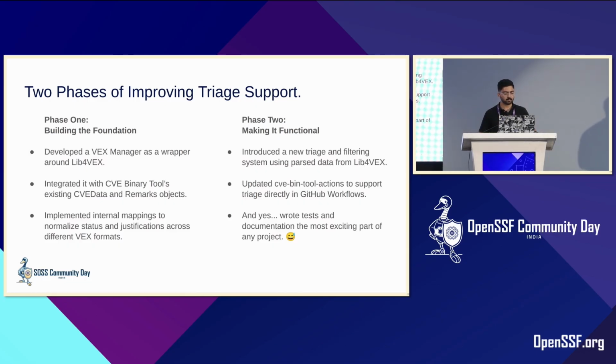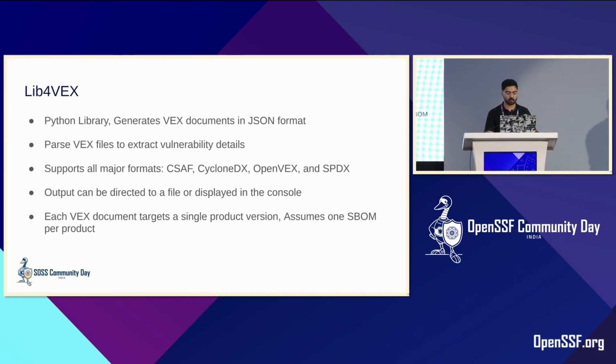So much of the code involving VEX was refactored. Phase 2 was to make an algorithm to actually triage the data. We are getting the data from lib4vex, but we still have to triage it, or implement some process, so that it filters out the irrelevant data from our final generated report.